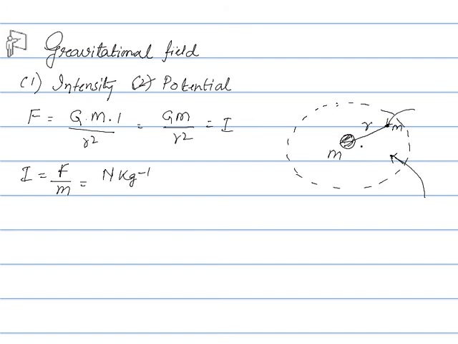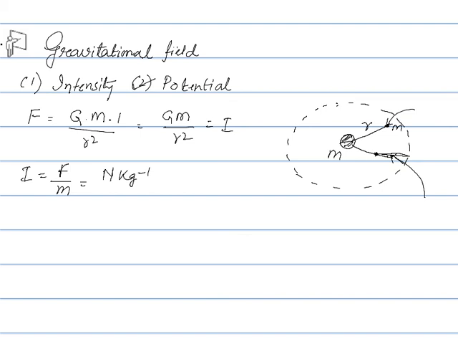This work done is called the gravitational potential at that point. Whatever work you do to bring a mass in the gravitational field to a point, this work will be stored in the form of potential energy. So potential energy per unit mass is called gravitational potential.